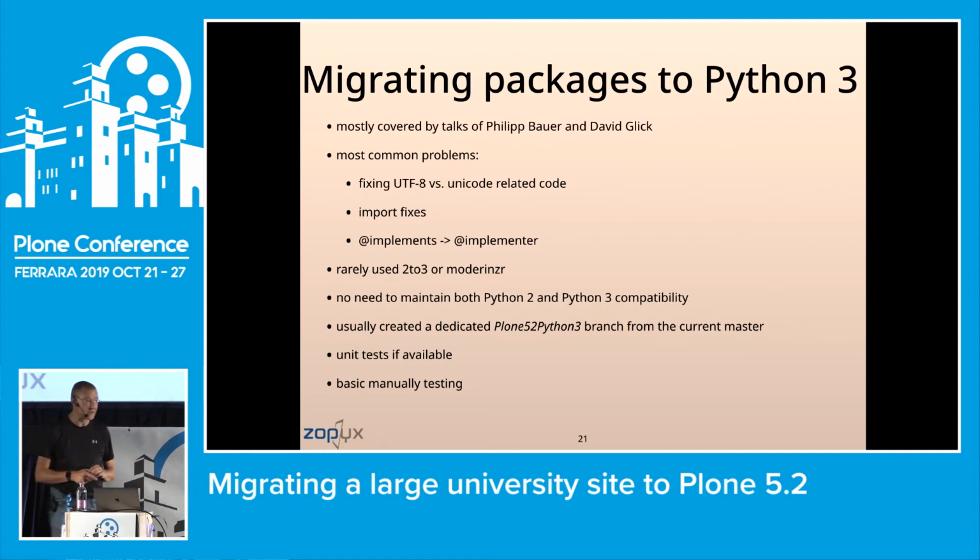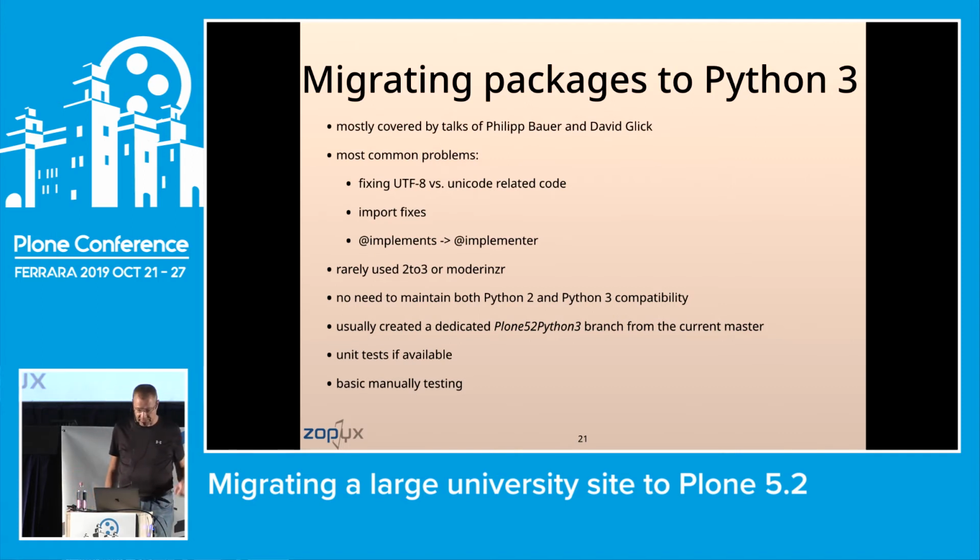So, migrating packages from Python 2 to Python 3. I think this was already covered by several talks over the last year by Philip and David. The most common problems were basically packages that were not based on Archetypes that just need to be ported to Python 3.